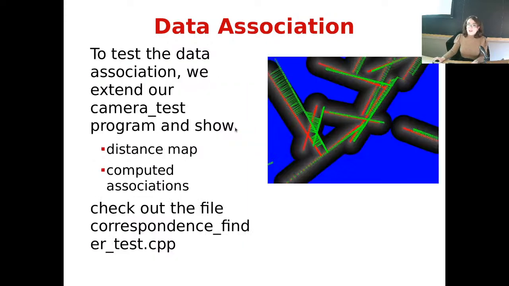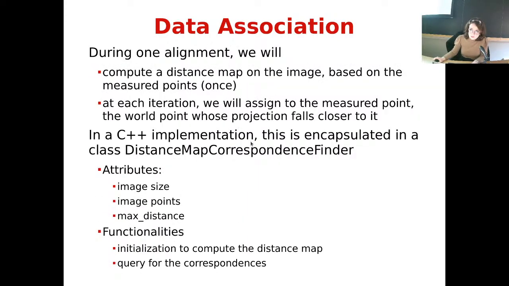In the C++ implementation, which we will see now, we have a class, again, the distance map correspondence finder, that has some attributes, say members: the image size and the points on the image.